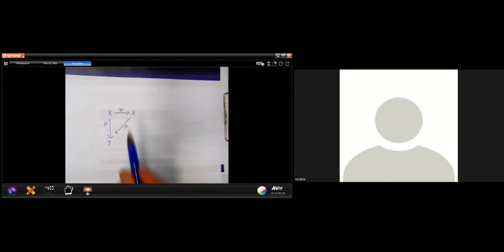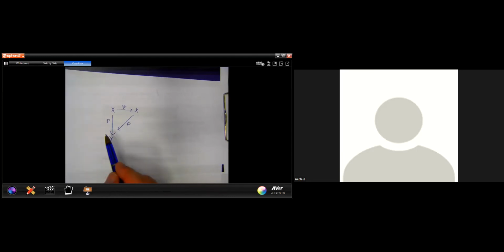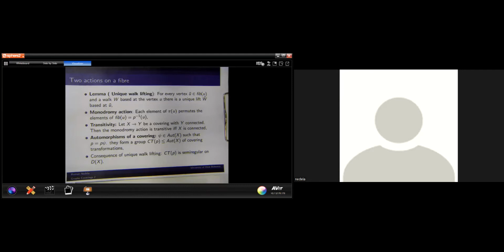So there may be some automorphisms of the cover which satisfy these commuting diagrams. In other words, lifts of identity, right? And these automorphisms obviously form a group, and this group is known as the group of covering transformations.